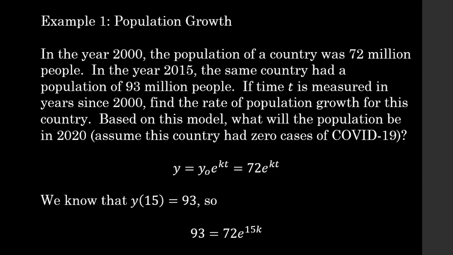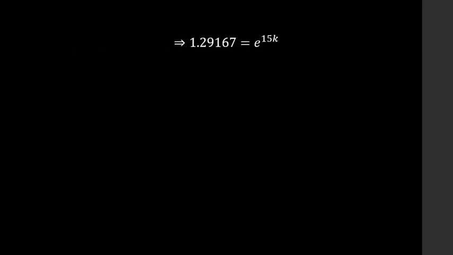I'm going to begin by dividing both sides by that 72. I have to do that first, and you'll see why. So if I divide both sides by 72, I get 1.29167 is equal to e raised to the power 15k.